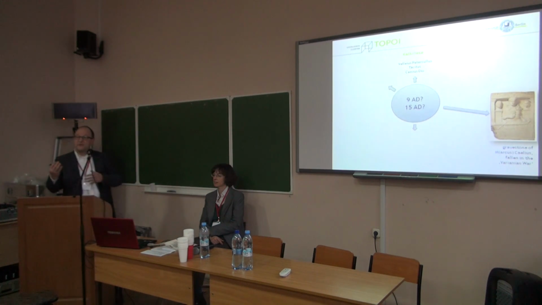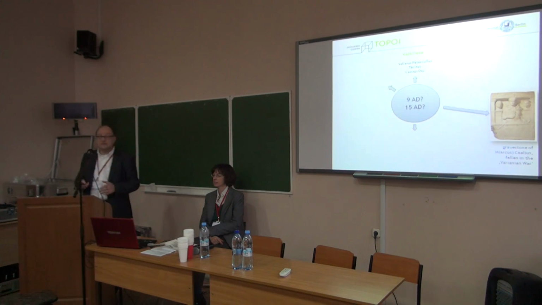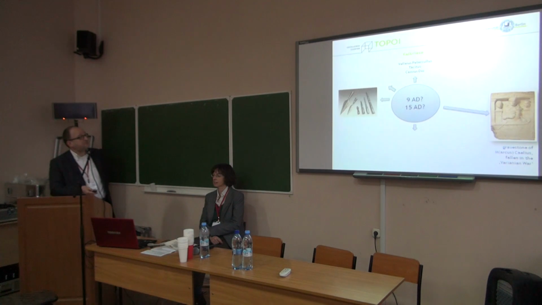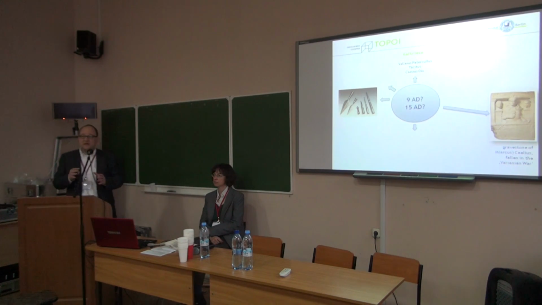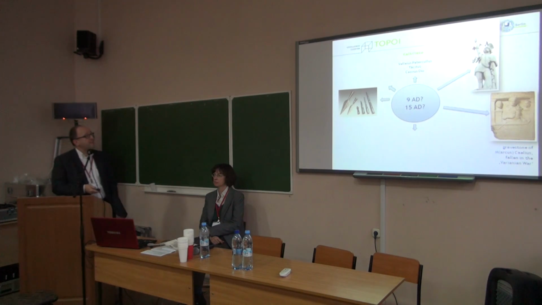So this is proof that really something big has taken place. We have the archaeological finds, which give quite a good dating in Augustan times, late Augustan times. So it's a match as far as it is possible with archaeological material.